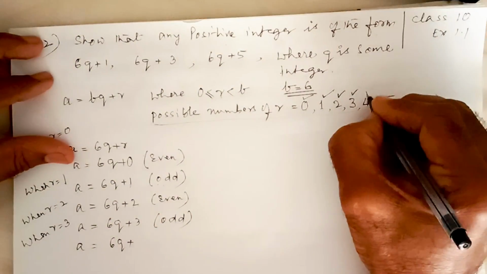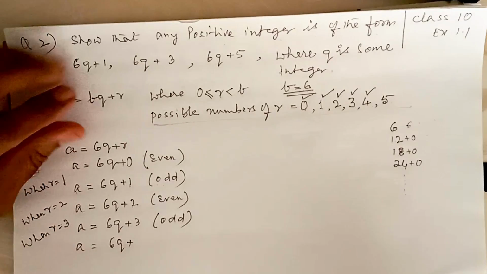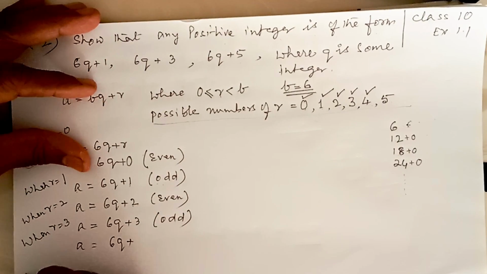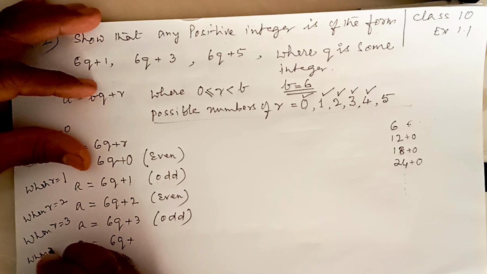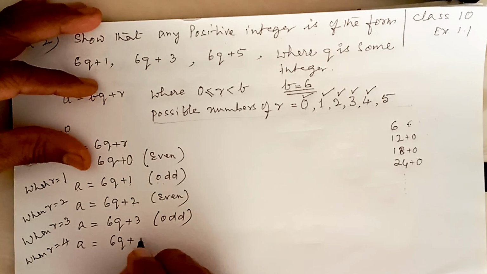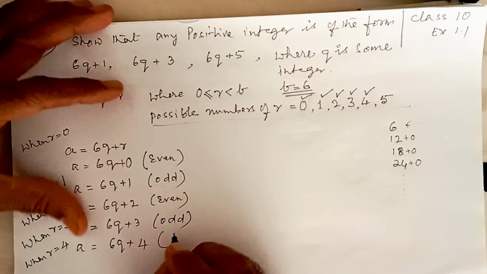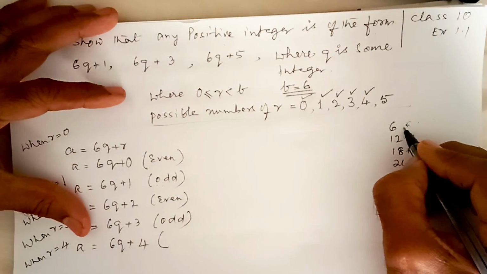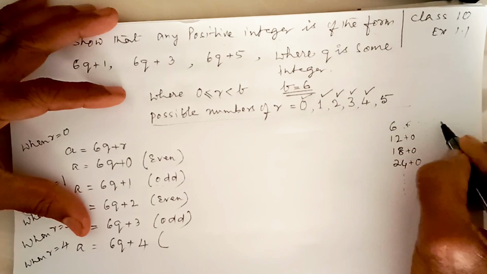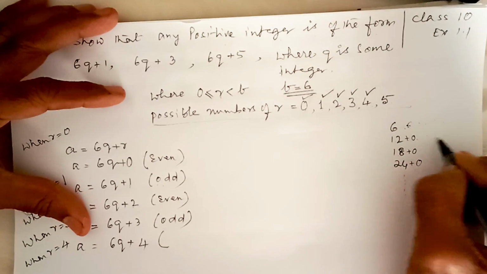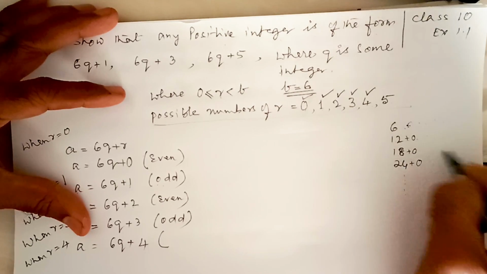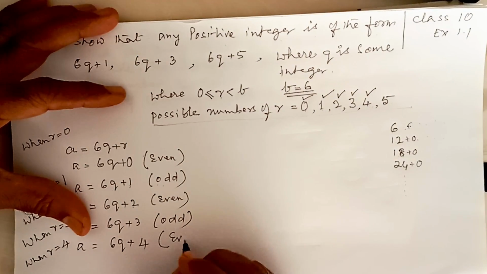When we go for the fourth case, when r is equal to 4, you can understand 6 plus 4 is 10, an even number. 12 plus 4 is 16, an even number. 18 plus 4, 22, an even number. So you get all even numbers.